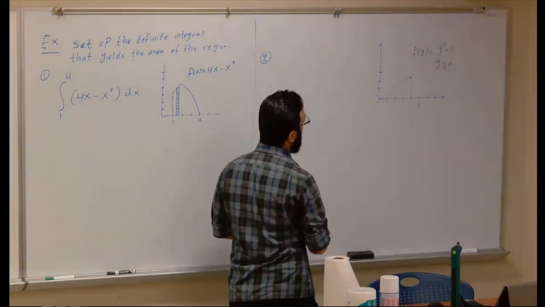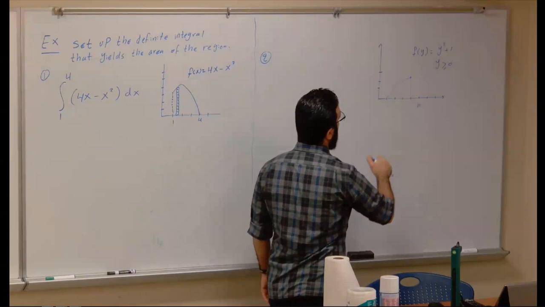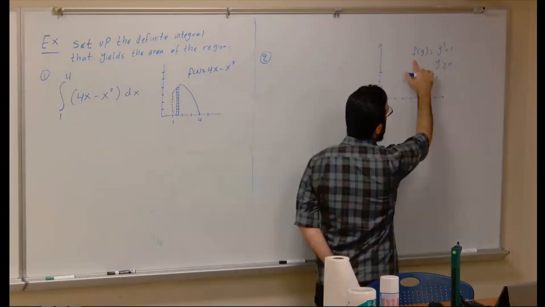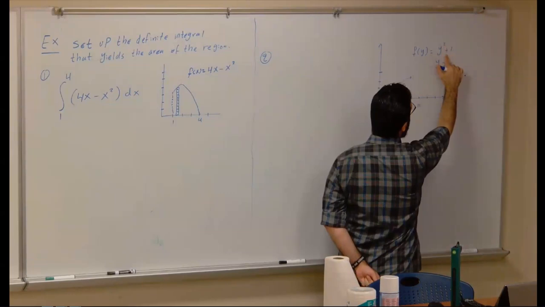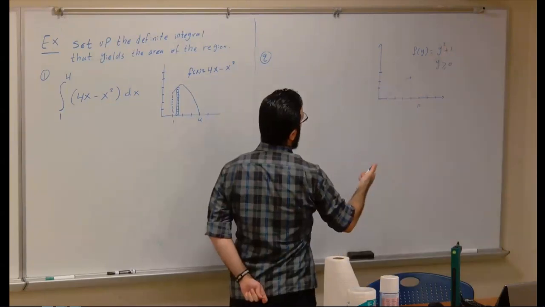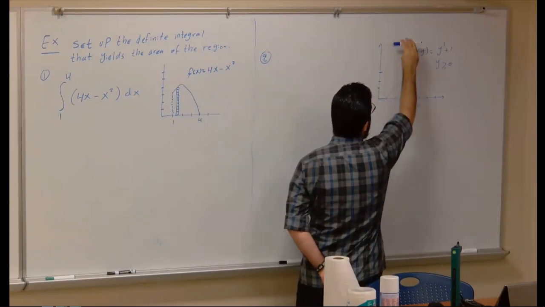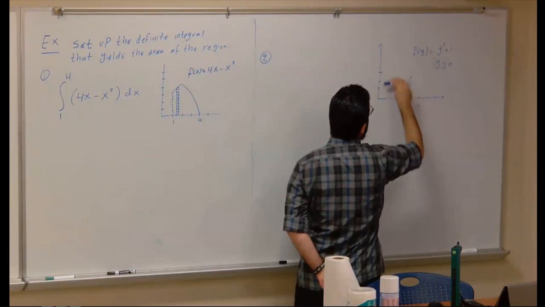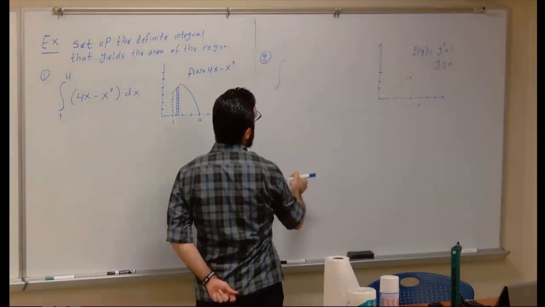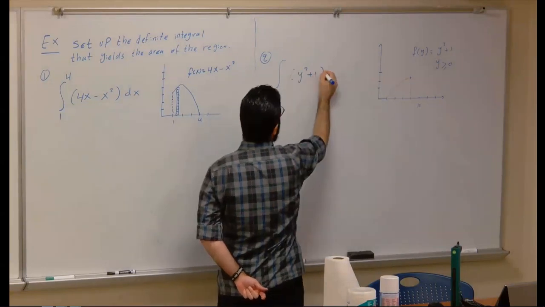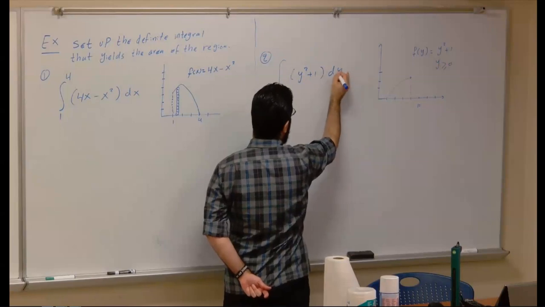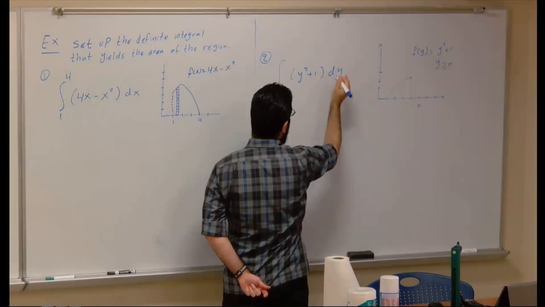For the next example, you have to be careful. You see, your function with the y, f of y equals y squared plus 1. And they're telling you y is greater than 0. That means only on this side, the positive side. So my integral is going to be for the function, which is y squared plus 1 dy. That was my function with the y.